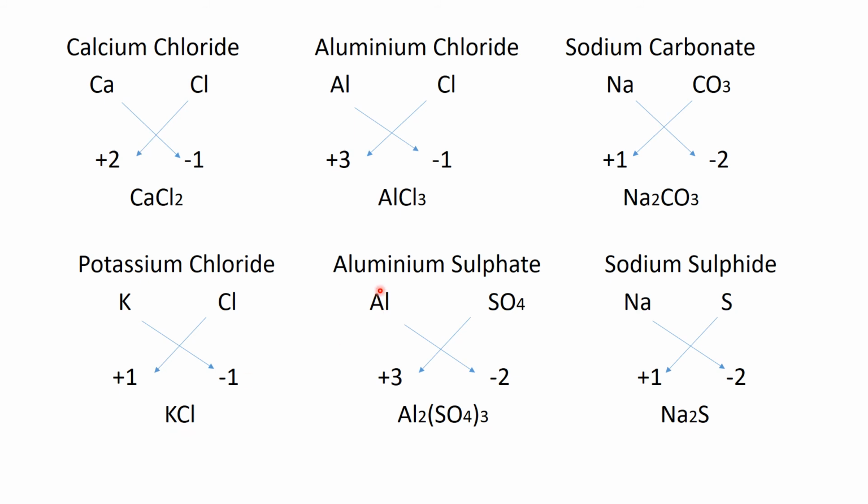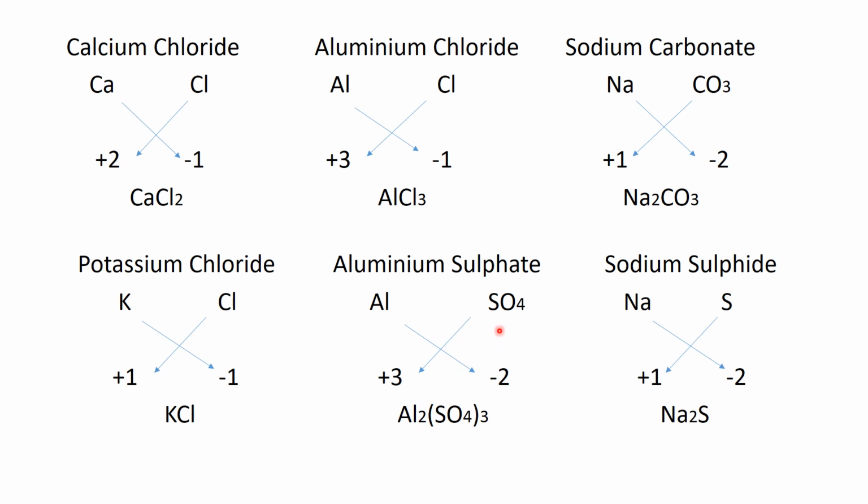Next is aluminium sulfate. For aluminium the symbol is Al. For sulfate the formula is SO4. This is again a polyatomic ion. So for aluminium, you can write the valency below it, that is +3. For SO4 the valency is -2. And when you cross multiply here, Al will be multiplied by 2, so it becomes Al2.